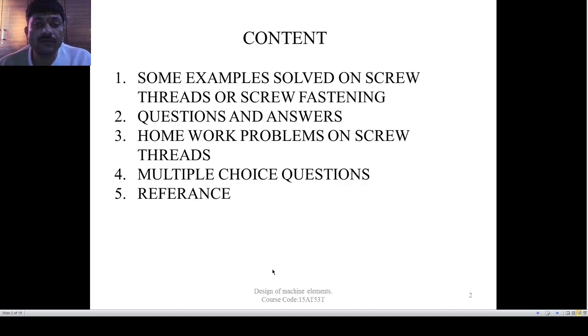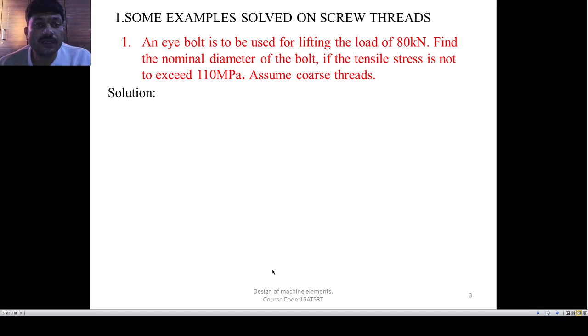You can take down the problem. Now you can write down. An eye bolt is used for lifting a load of 80 kilonewton. Find the nominal diameter of the bolt, if the tensile stress is not to exceed 110 megapascal.